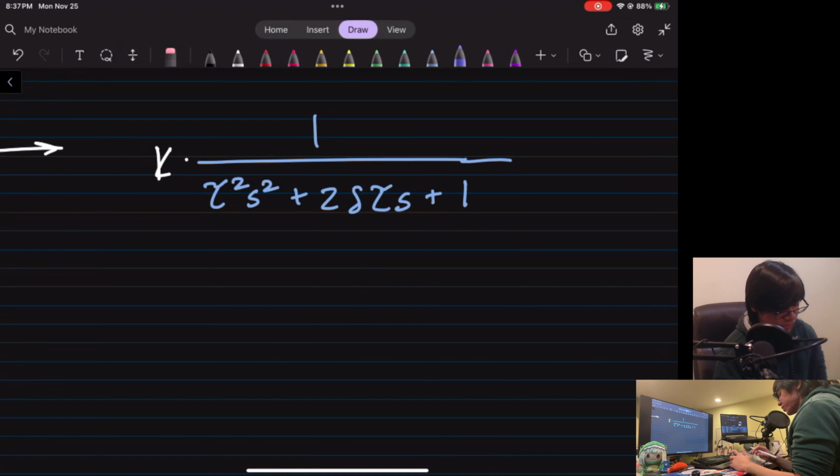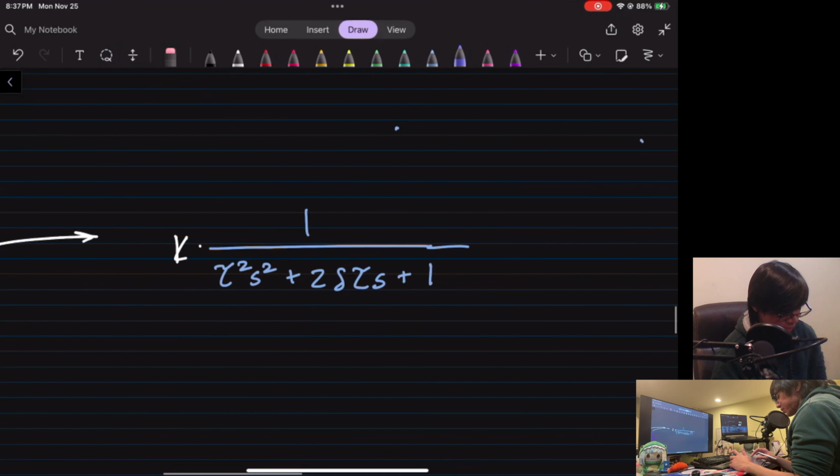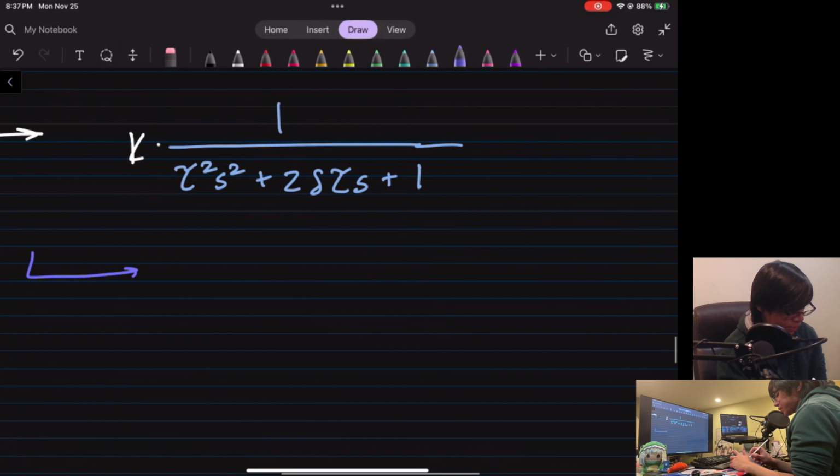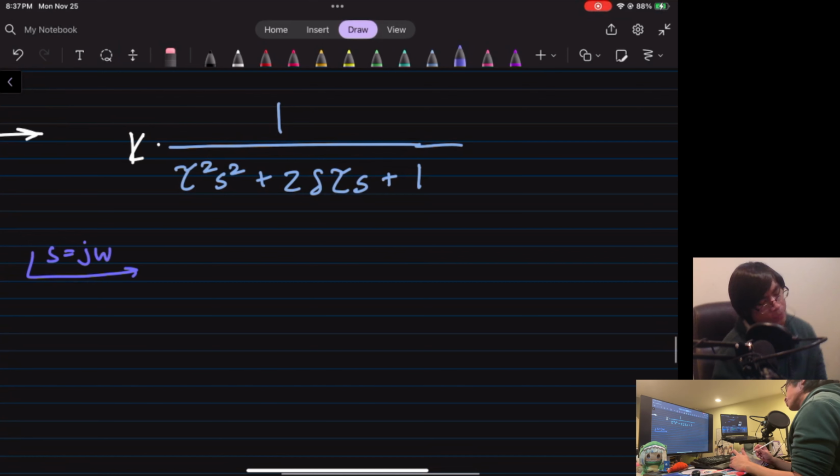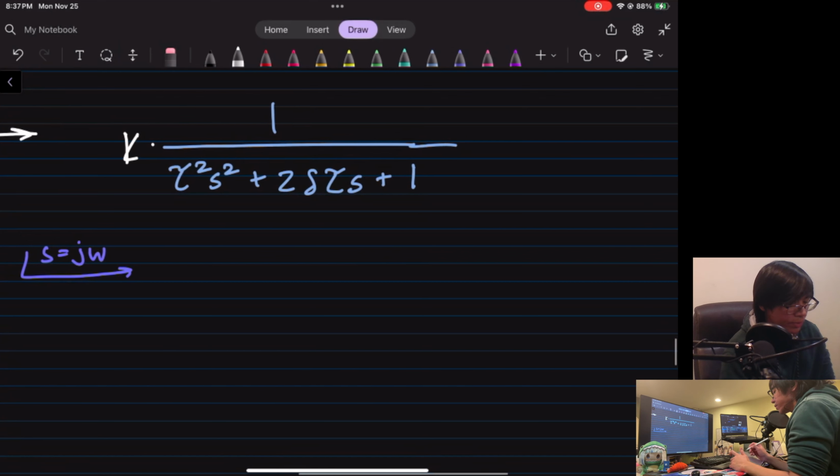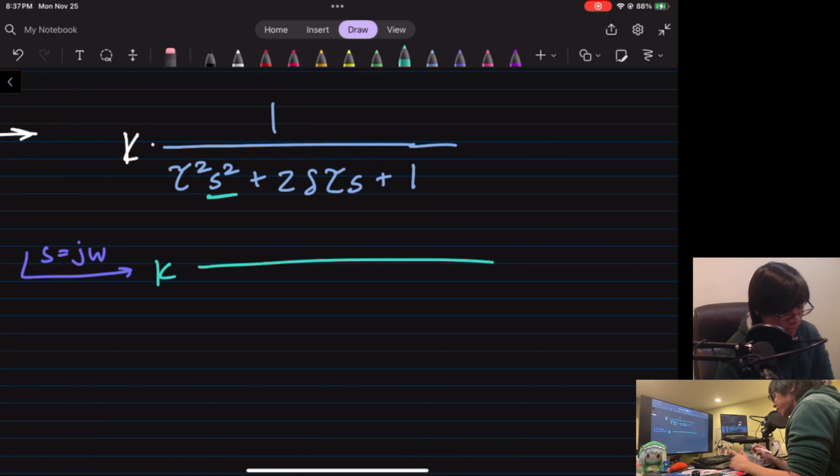Okay, so now update. Going to do our normal steps. First step, get into the angular frequency domain. So we have K, just substituting. This s squared again will be j squared, so we know it's negative. I'm going to bring the 1 in front.